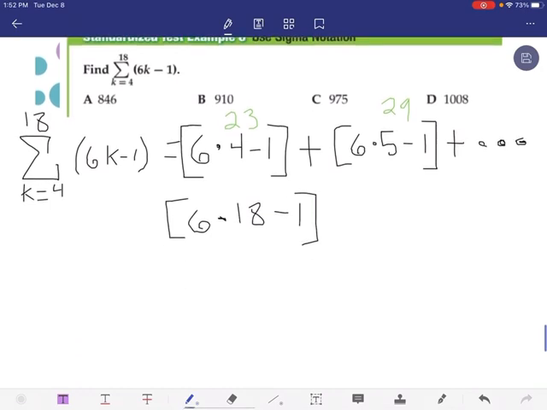So notice that if we wanted to use that formula again, we have S sub n, well, we need to figure out how many terms we are adding together.